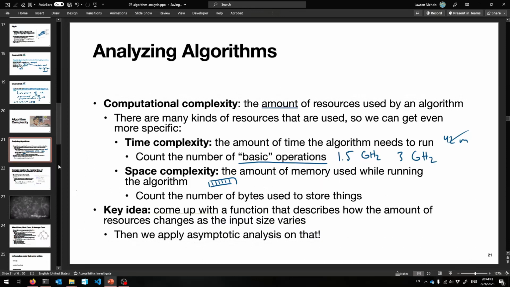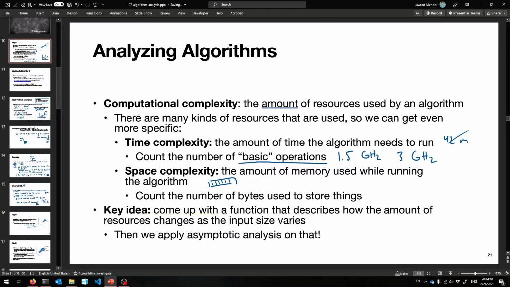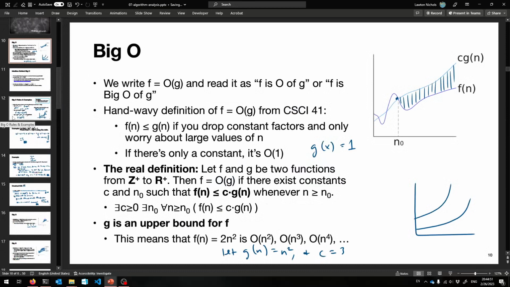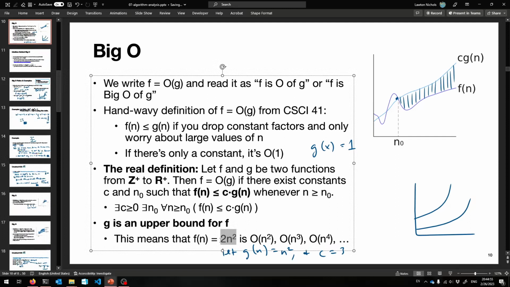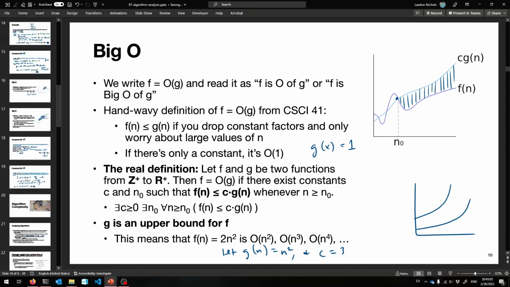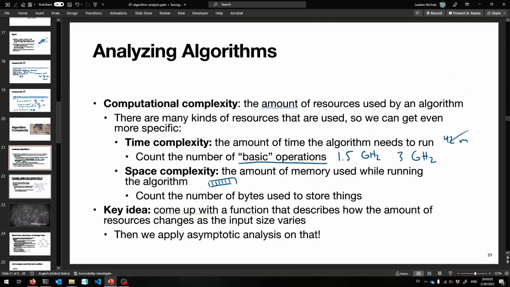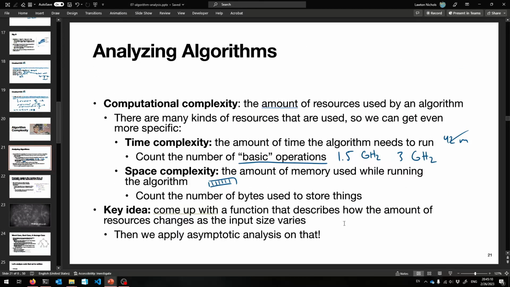And so the idea is, the reason we learn about these kinds of complexity analyses, these asymptotic notation things, is that we can come up with a function, a mathematical function, I don't know, 2n squared, that talks about how many bytes our program uses for space complexity, or how many basic operations our program takes for time complexity. That's the goal. All right. So that's our key idea, and it's all for a variable input size. That's essentially the input to your function: the size of your input.